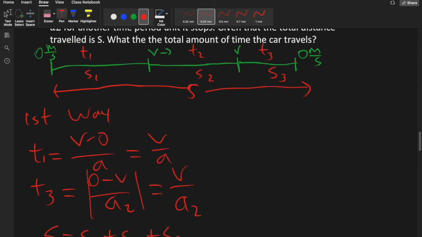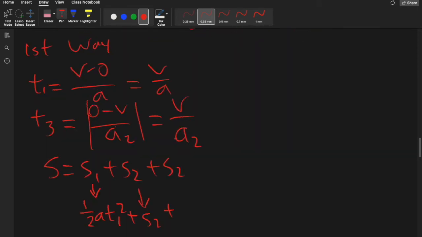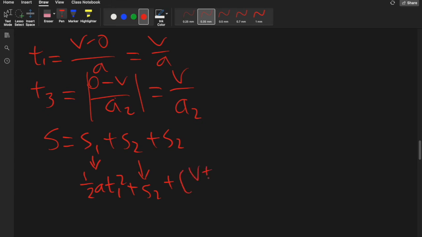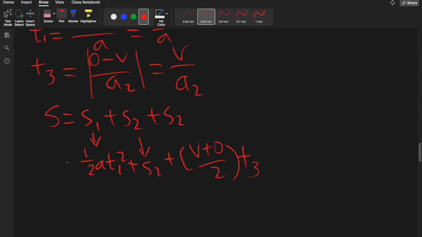Here the velocity is v, and we also know the final velocity is 0, so we can use the average velocity, right? So (v plus 0) over 2 times t3.